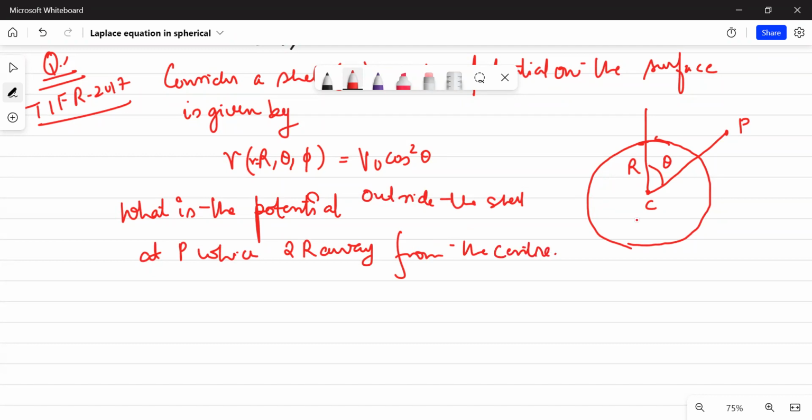So it is given that on the spherical shell you have this kind of potential, that is V naught cos square theta. And what is asked is, what is the potential outside the shell at P, which is at a distance 2R away from the center. You just try to find an answer for this. Meanwhile, I'll give you options. You just try to find the answer.